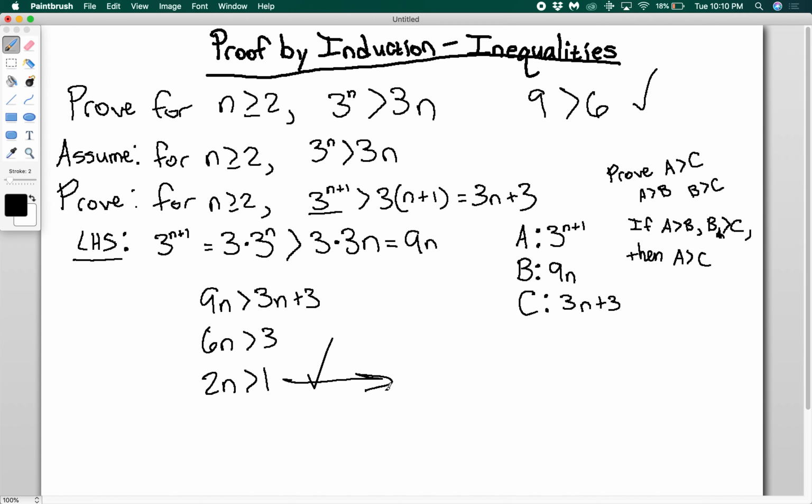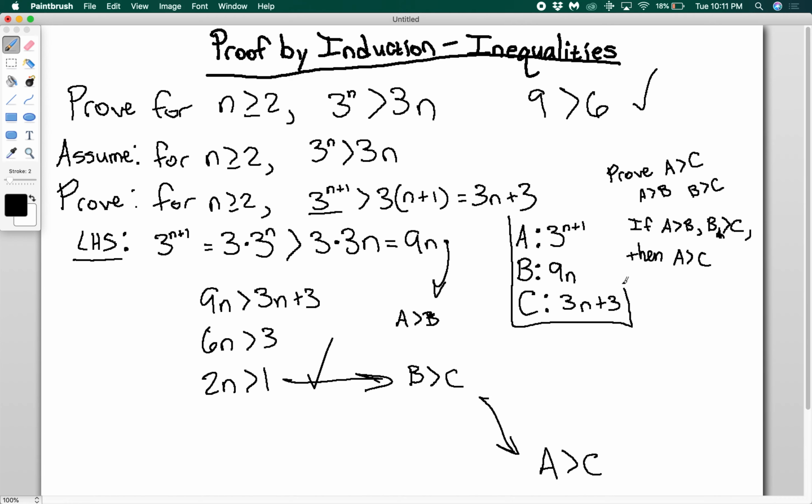This proves that B is greater than C. And up here, for my assumption, I already know that A is greater than B. So the conclusion that I can draw is that A is greater than C. And that's what I'm trying to show. Remember, A, B, and C being these things on the side over here.